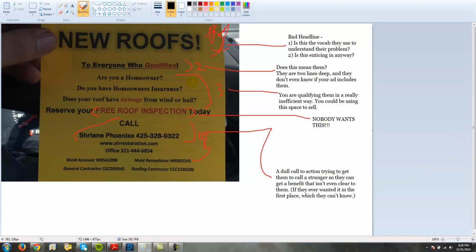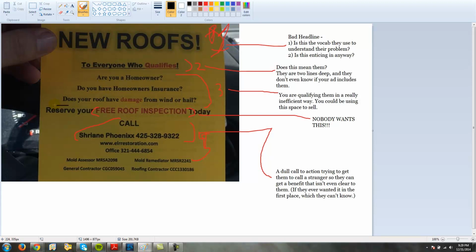It's not until you get down here to this third chunk, which is basically the third mistake, that you use all of this space to qualify them, which does counter the mistake made up here, but you're doing this in a really inefficient way. These qualifying statements just in general aren't that great, and second of all, it uses a lot of space.